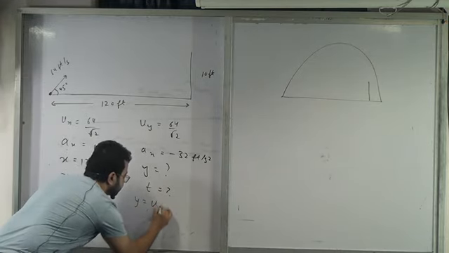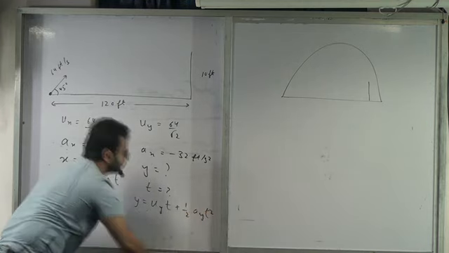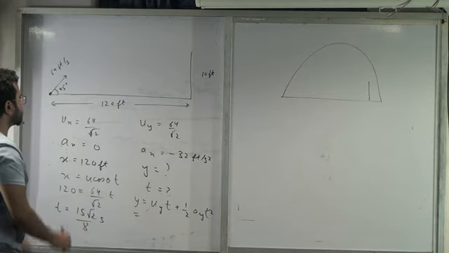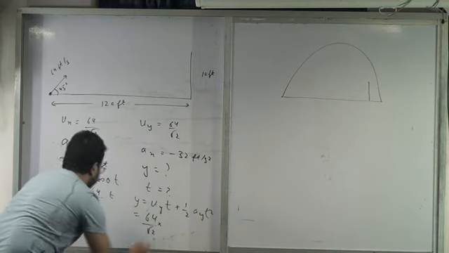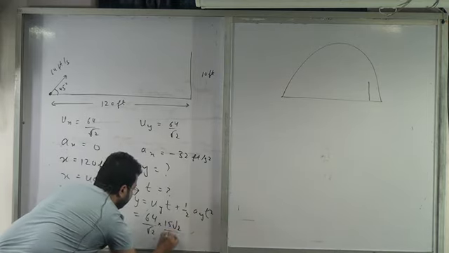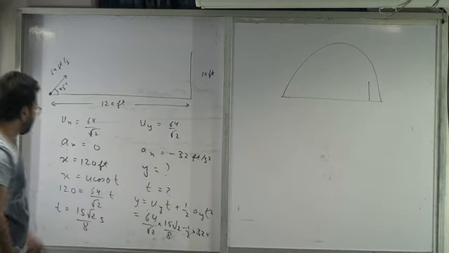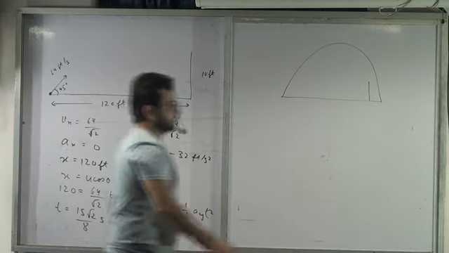Now all we need to do is, exactly, alright. So this will be how much? This is u sin theta. What is u sin theta? 64 by root 2 into time. What is time? 15 root 2 upon 8, and then minus half into 32 into t square.